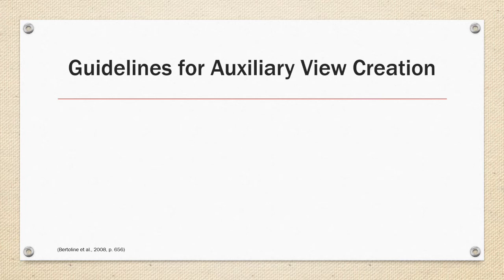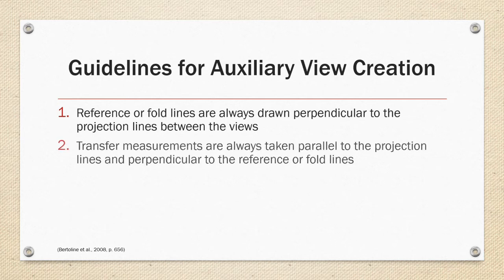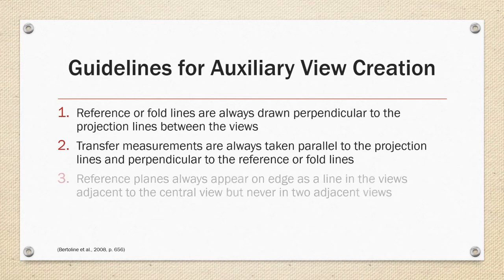There are several guidelines for the creation of auxiliary views. First, reference or fold lines are always drawn perpendicular to the projection lines between the views. Second, transfer measurements are always taken parallel to the projection lines and perpendicular to the reference or fold lines.